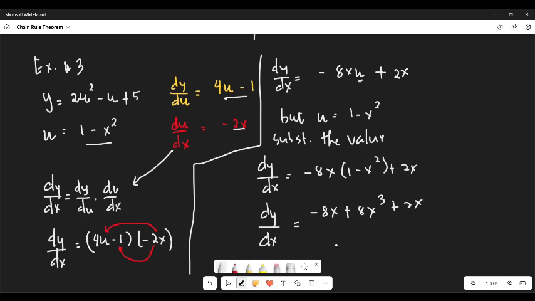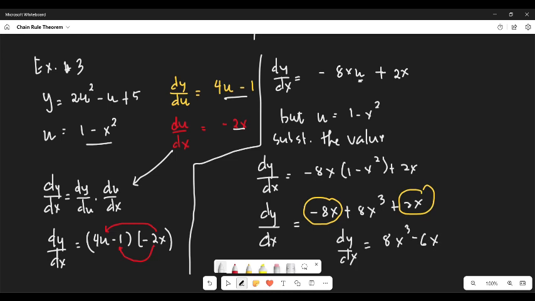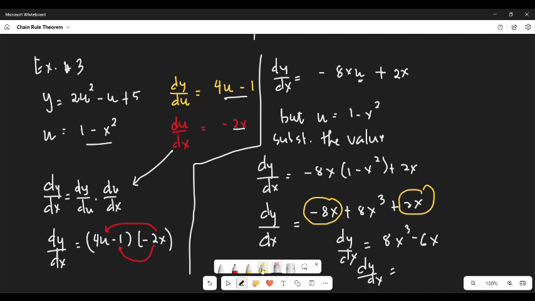Add the similar terms: minus 8x plus 2x is negative 6x. We write first the 8x cubed because it has the highest power, 3, so 8x cubed minus 6x. But we can factor out 2x, and so we get 2x times (4x squared minus 3). That will be the answer.